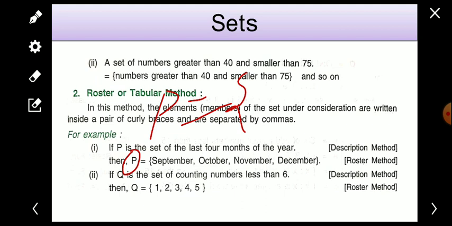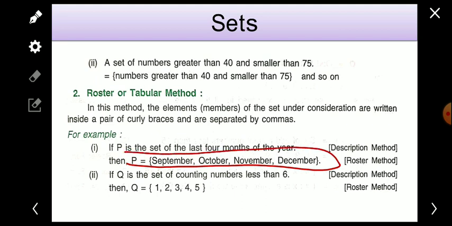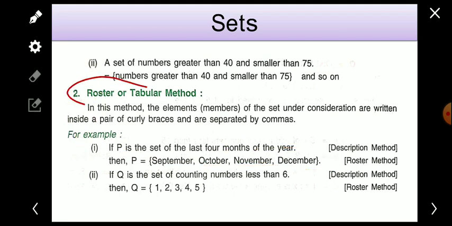We'll add all the members, and the members are the last 4 months: September, October, November and December. We'll put commas after each and every element to separate them, and at last we'll close the curly bracket. So this is the set P, and it has been represented using the roster or tabular method.